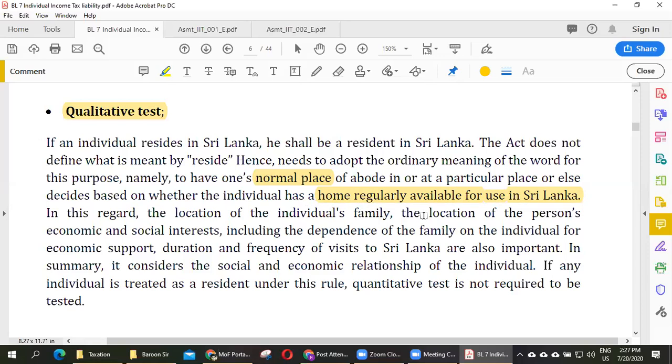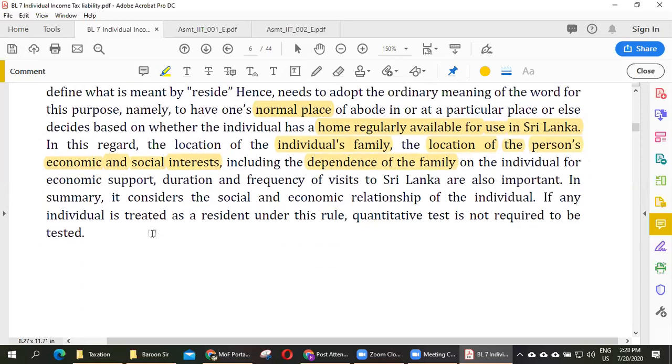In this regard, the location of the individual's family, the location of the person's economic and social interests, including dependence of the family on the individual for economic support, and the duration and frequency of visits to Sri Lanka are also important. In summary, it considers the social and economic relationship of the individual. If an individual is treated as a resident under this rule, the quantitative test is not required.